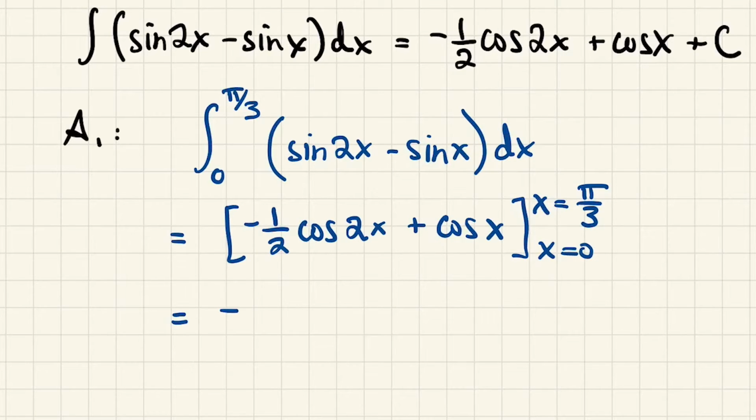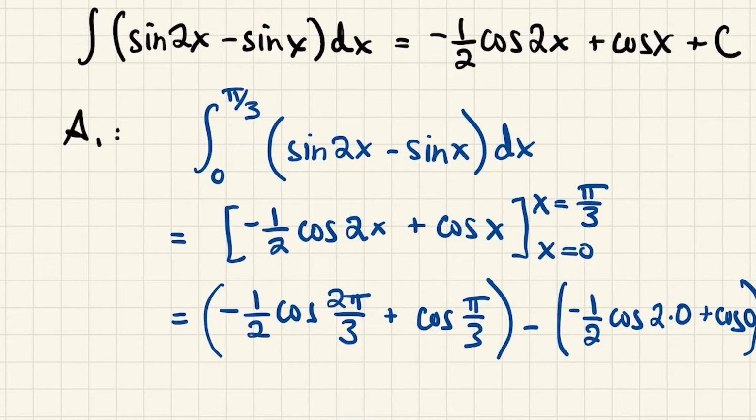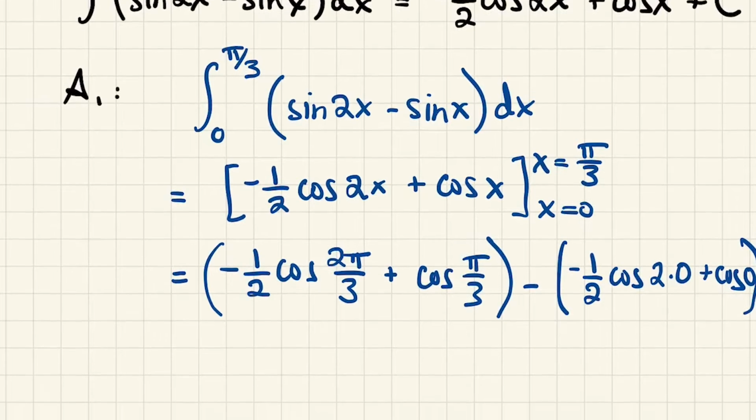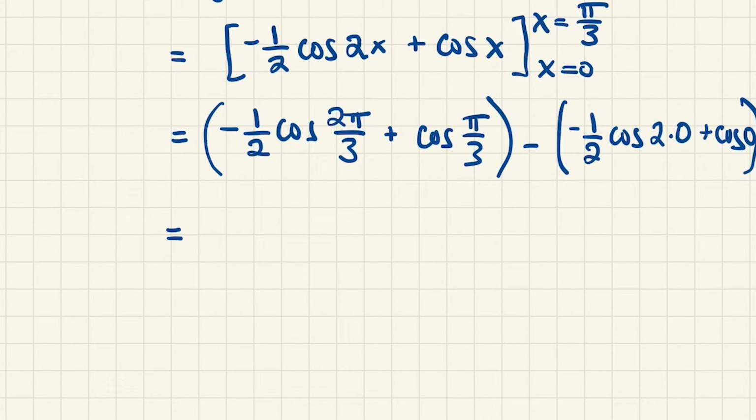So this is negative 1/2 cosine of 2 pi over 3 plus cosine of pi over 3, minus, let's plug 0 in, negative 1/2 cosine of 2 times 0 plus cosine of 0. Okay, so we have negative 1/2 and cosine of 2 pi over 3.